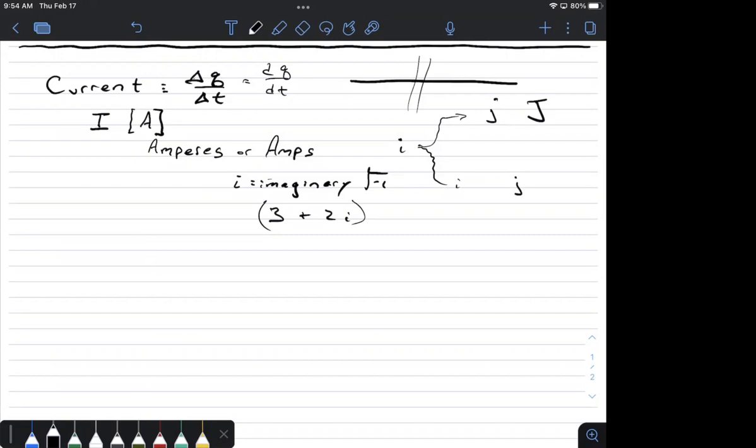So the confusion comes in because Benjamin Franklin chose protons in his theory of how currents work originally. Every time you draw a circuit and you say, okay, here's a starting point, here's my wires, and the current flows this way, well, in reality, the actual current flows the other way.